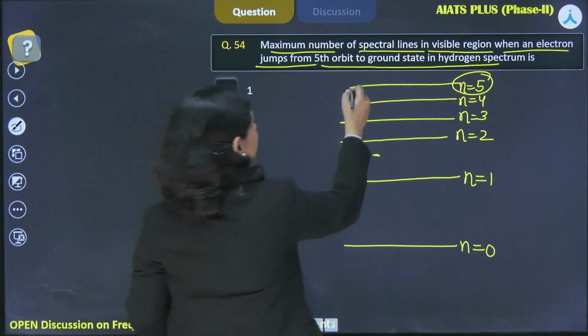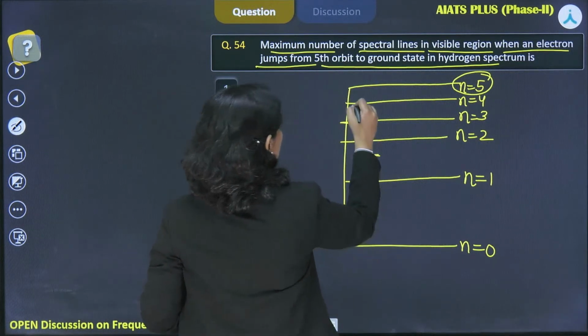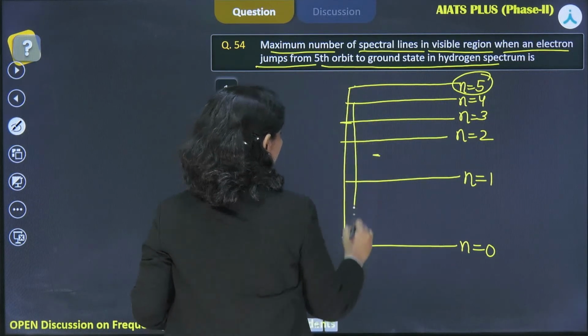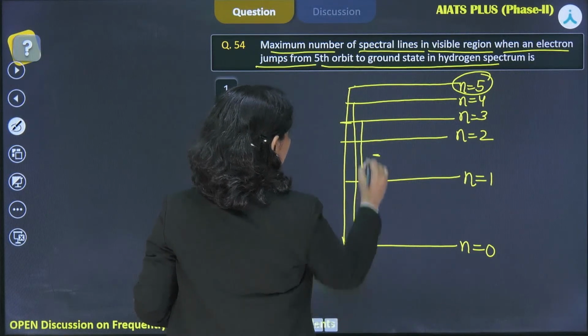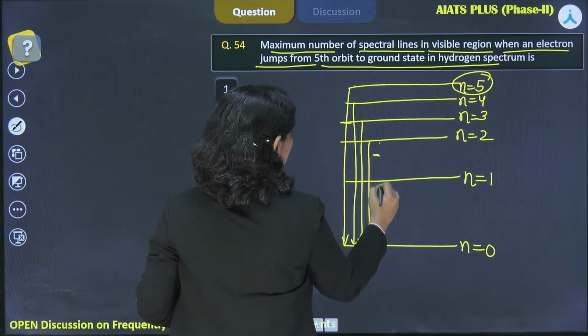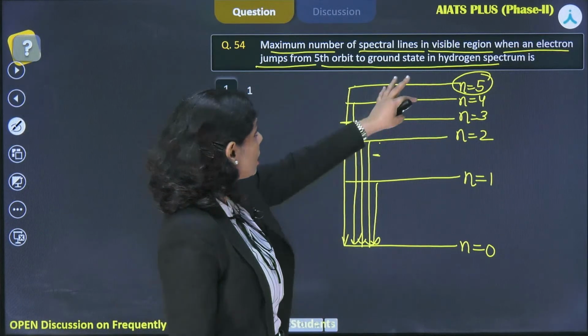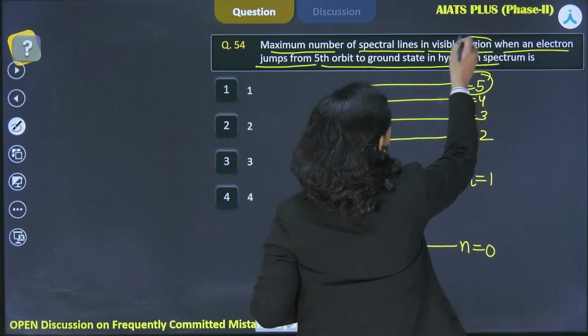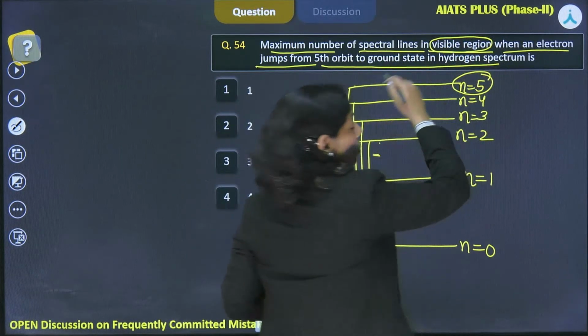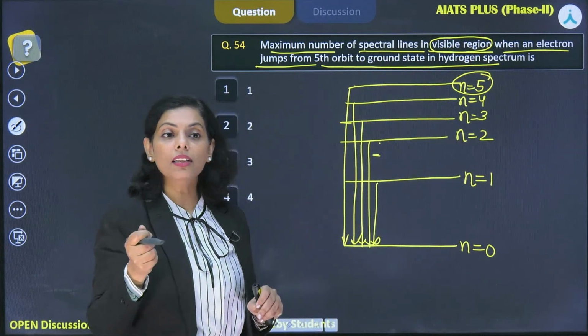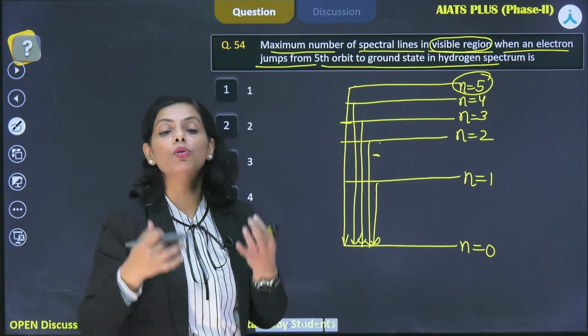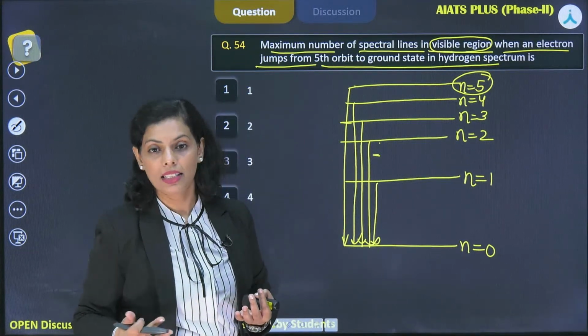So you start from here, 1. Then from here, 2, 3, 4, and then 5. You can say this, but it is incorrect, because in the question they are saying that in the visible region you need to check. Visible region, VIBGYOR, that you are able to see with your eyes, right?